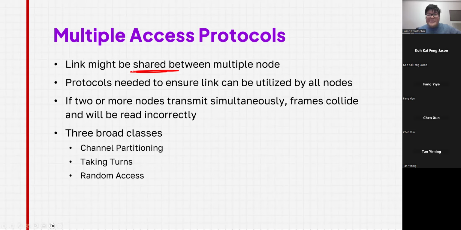There are three main classes of link layer protocols: channel partitioning, taking turns, and random access. So let me launch the next quick poll here. Among these three methods in the networking context, which is the most complex? Maybe you can answer the Zoom poll.